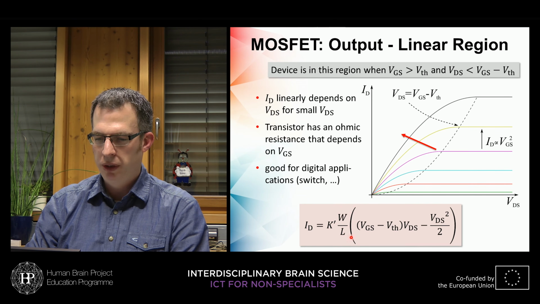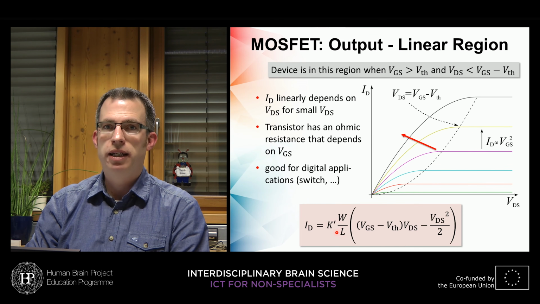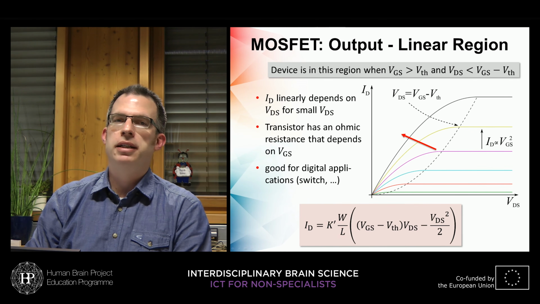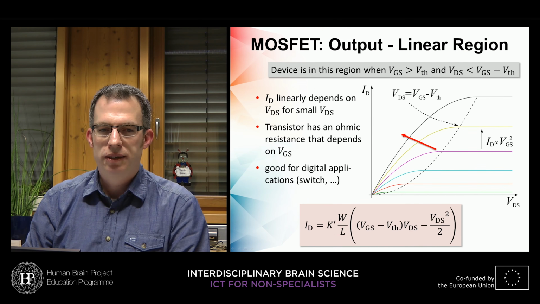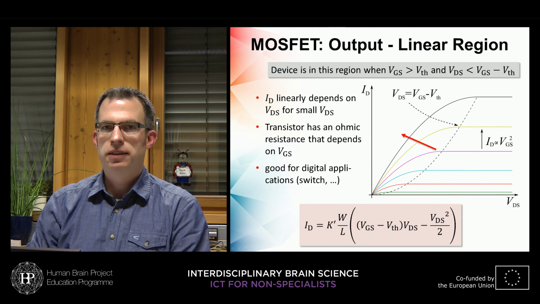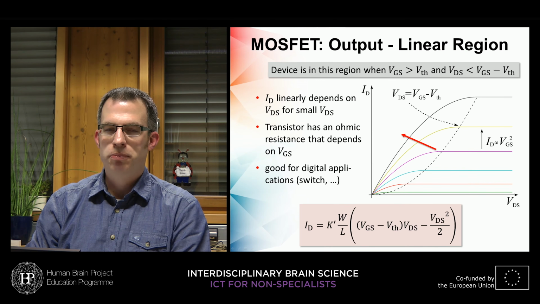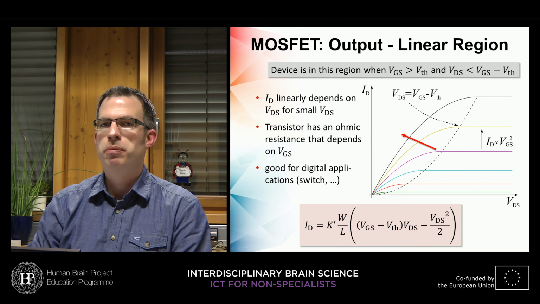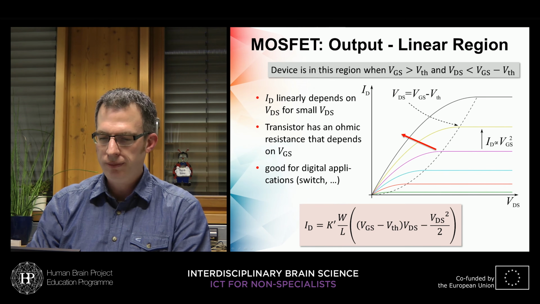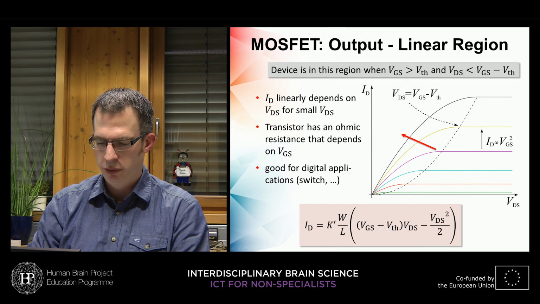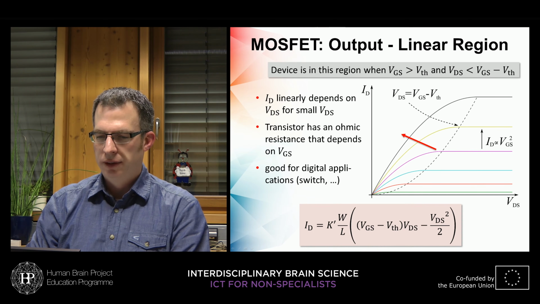And the drain current, as you can see, depends on the ratio of W over L. You remember this is width over length of the transistor, and also a parameter K prime, and that's a parameter that includes things like the thickness of the oxide layer, the insulating layer, and the charge carrier mobility in the silicon substrate. So that's inherent to the manufacturing process and cannot be controlled by the designer.